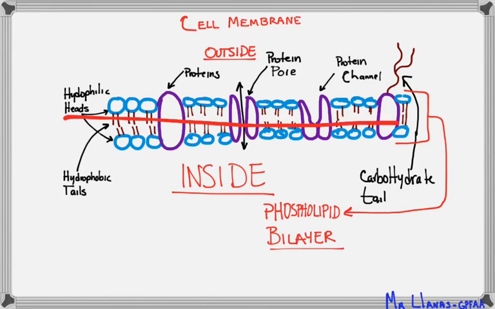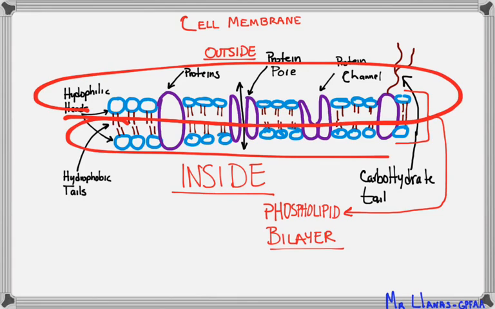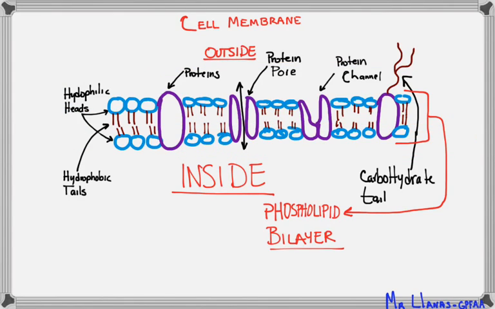We could put a line right there and say this is one layer, this is another layer. Okay, so it's a bilayer, meaning double layer of phospholipids. Okay, the hydrophilic heads are polar, the hydrophobic tails are nonpolar, and we call those carbohydrate tails surface markers, because they help us identify these cells.